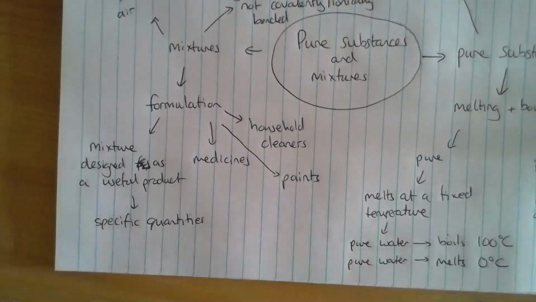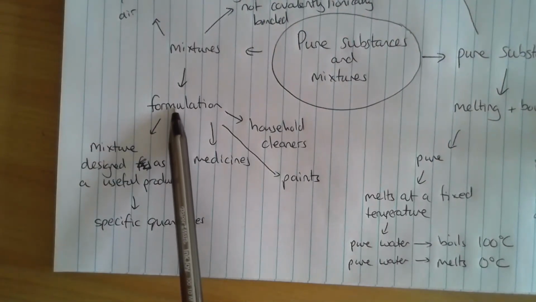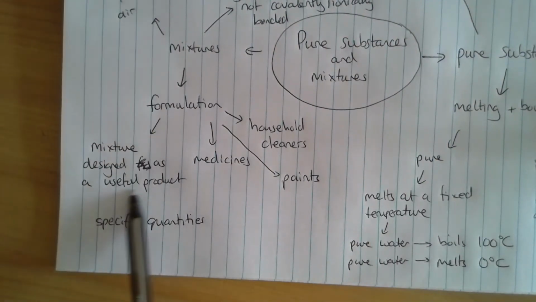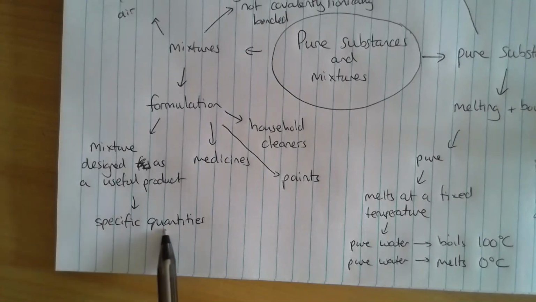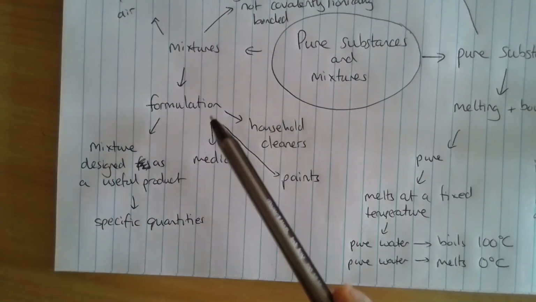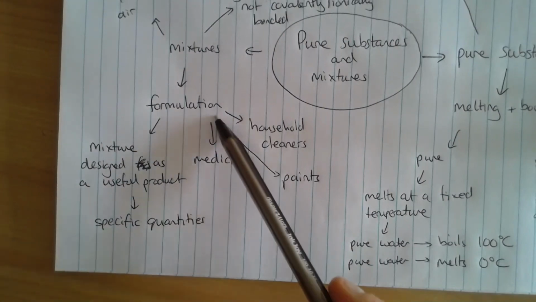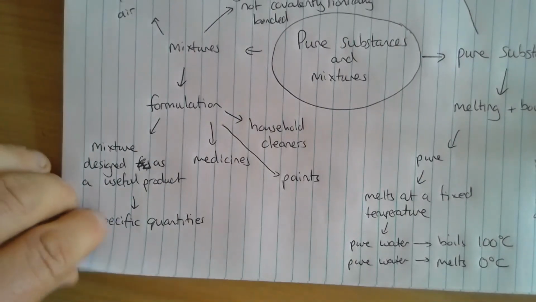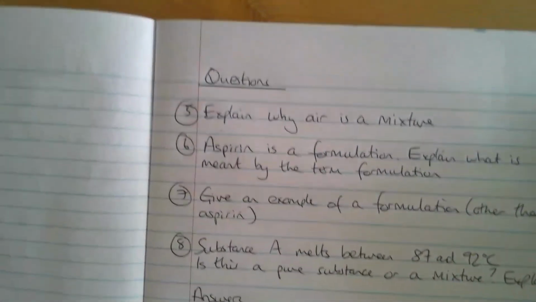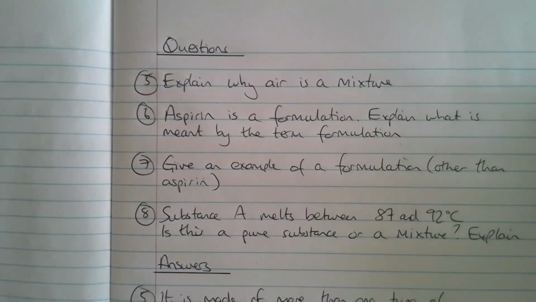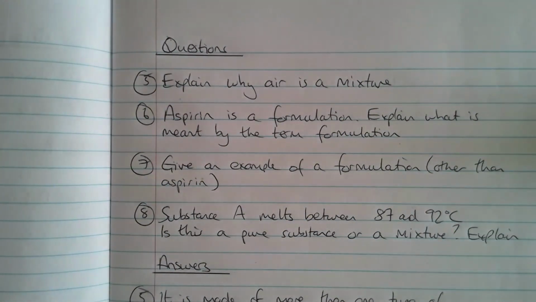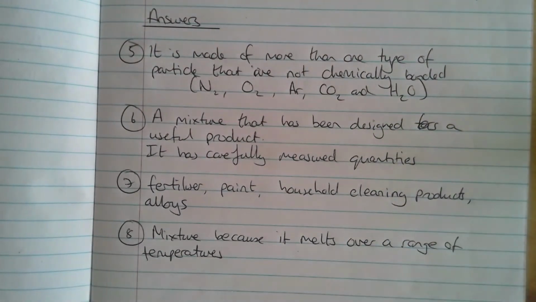And then we have a special type of mixture called a formulation, which is a mixture designed as a useful product, which has very specific set quantities of the particles in it. Examples are medicines, paints and household cleaners. So there are 4 more questions there if you want to pause the video and have a go at those. And then those are the answers.